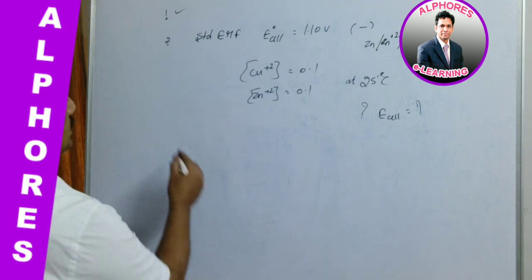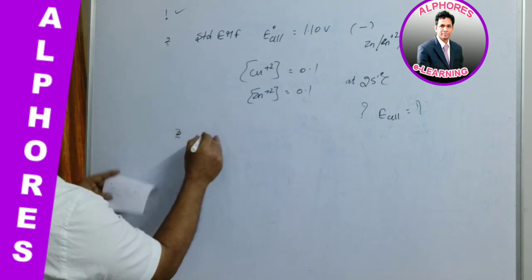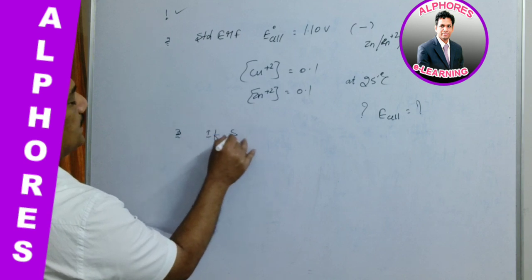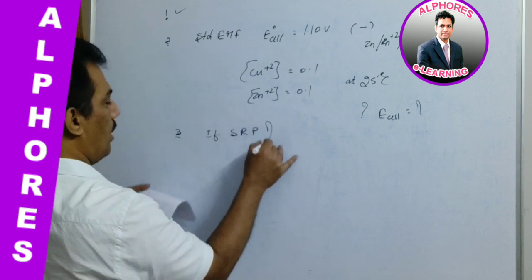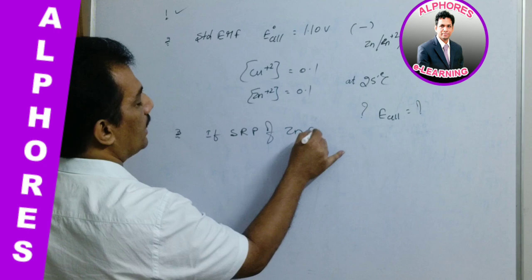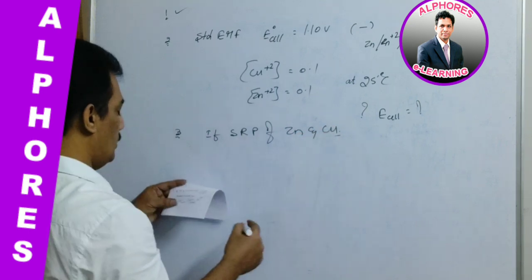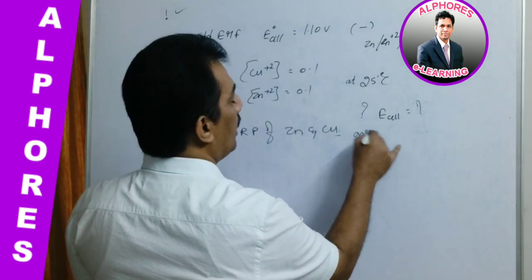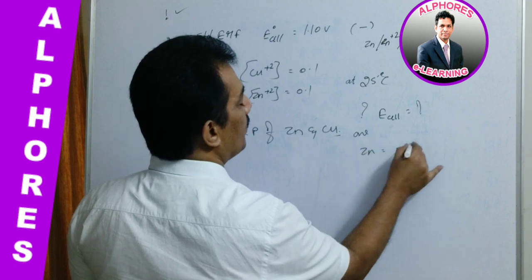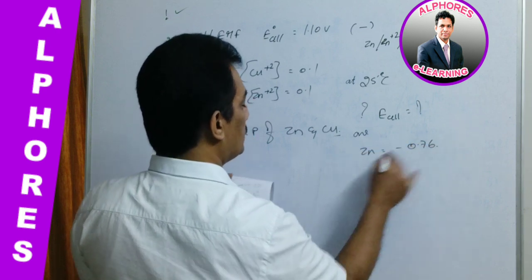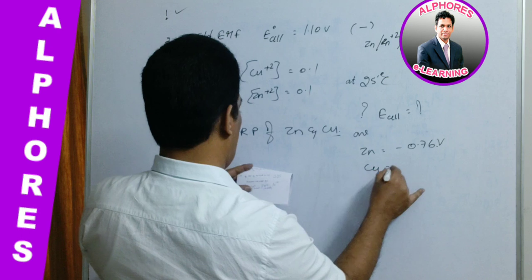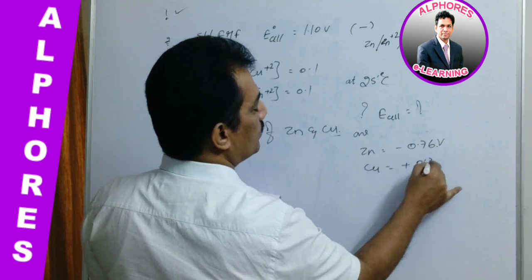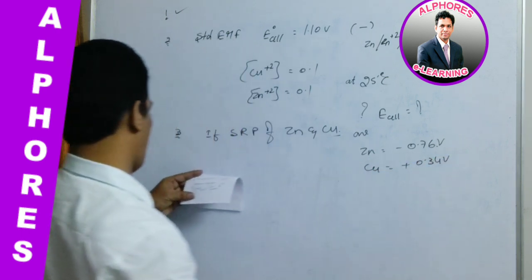And in the third question, the SRP of zinc and copper, these two we already know: for zinc it is minus 0.76 volts, and for copper it is plus 0.34 volts.